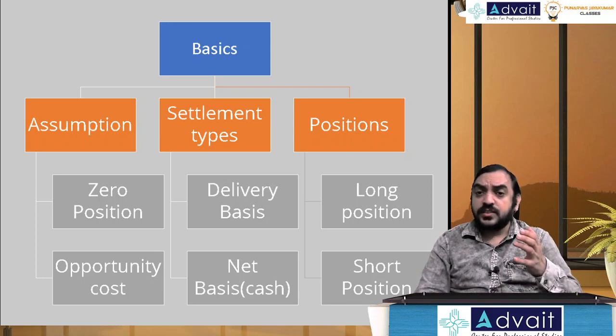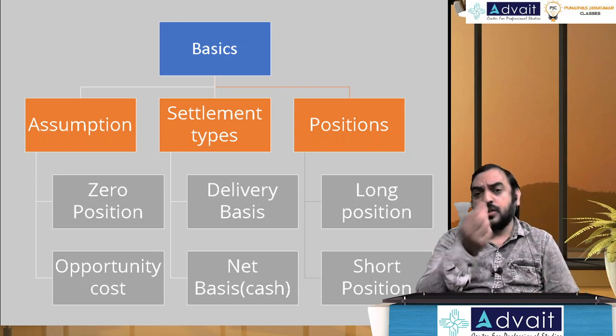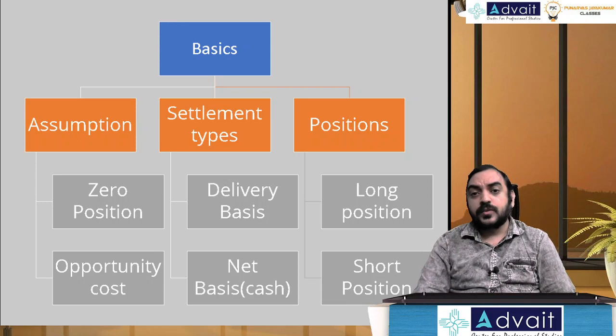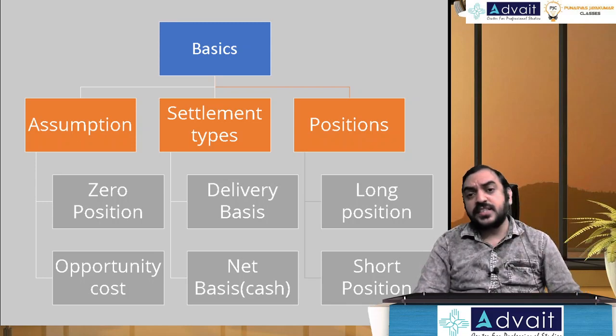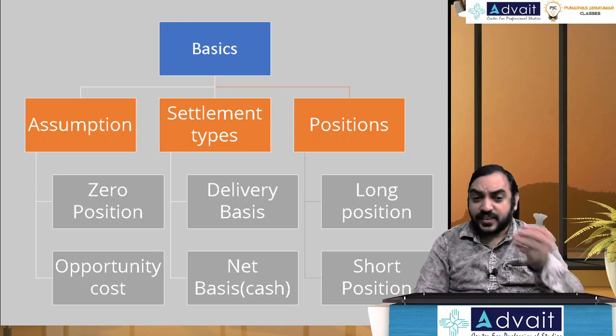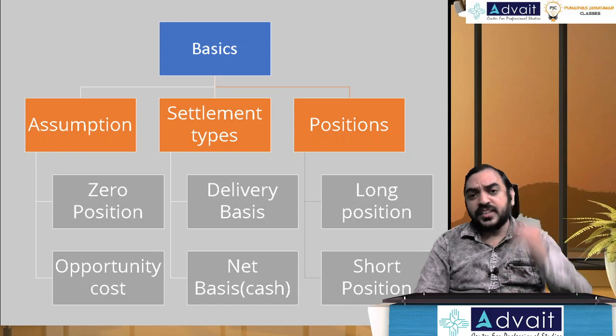Own funds, borrowed funds. Borrowed funds has a cost. If you take a loan, you have interest. But if you use own funds also, cost is there. Yes, that's what is opportunity cost. When a billionaire like Ratan Tata or Mukesh Ambani, do you think they drive their own cars?